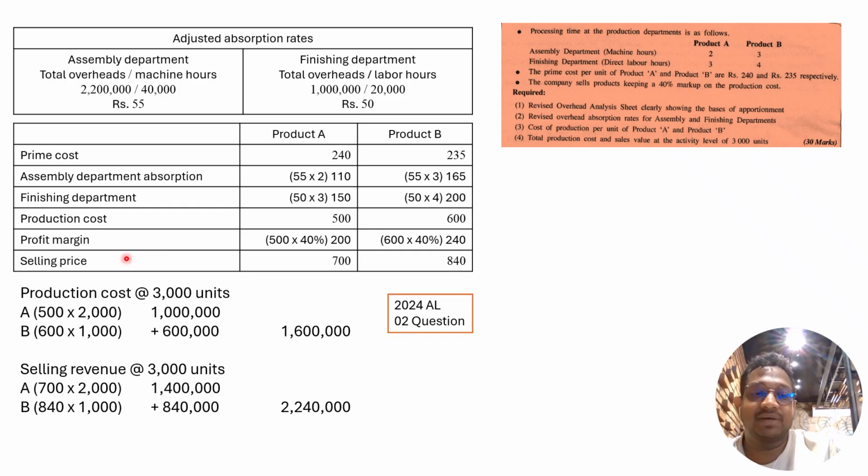So after adding the profit margin, you can find the selling price of each product A and product B, and then you can find the production cost and selling revenue. Yes, they're asking for the production cost and selling revenue. So that's how you have to do the second question, and let's move to the third question.